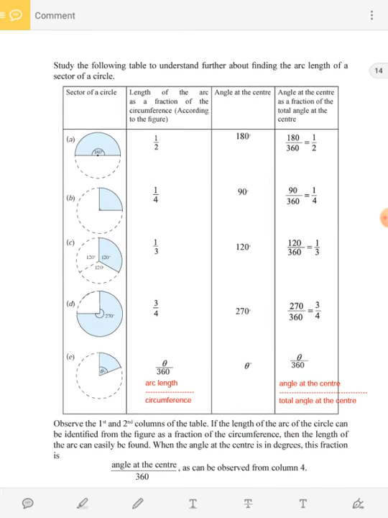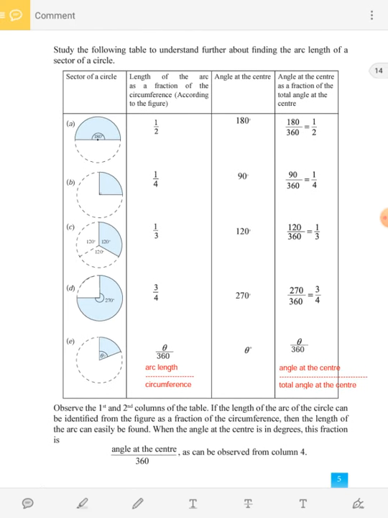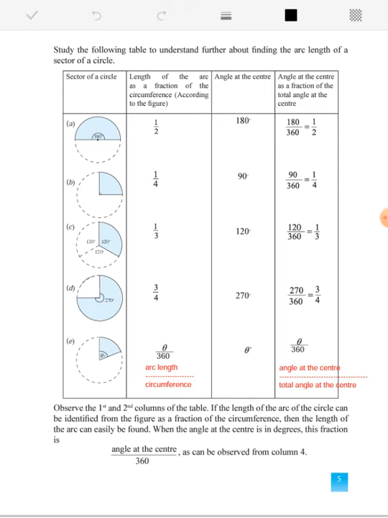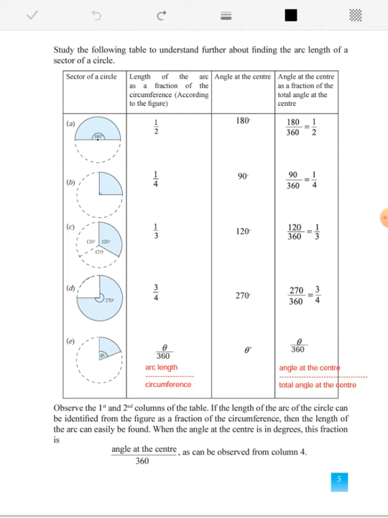Let's move to this page number 5. Here, look at this table. You could see these two values are the same. Here it's a semicircle, we have done it already, and this is a quarter circle.